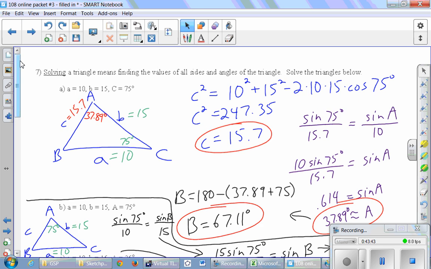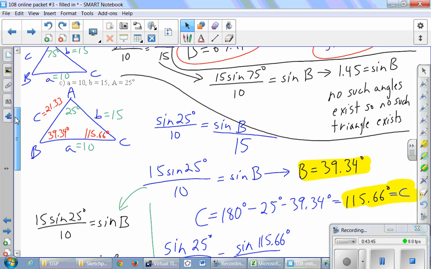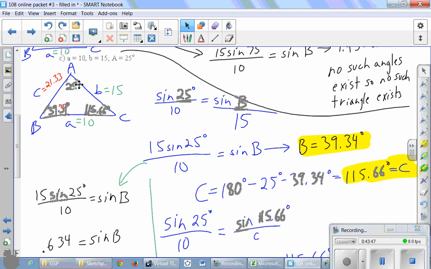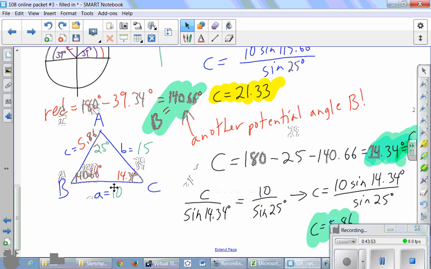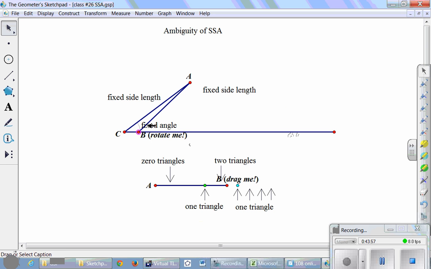And that's exactly what we had in this case right down here. We had this one triangle with a side and an angle. And then we had this other triangle with the same side and angle, but other stuff had changed around. This is what the two triangles look like. One of those guys and one of those guys.